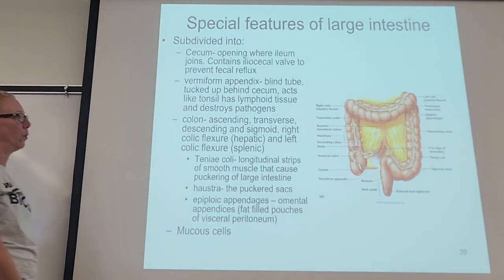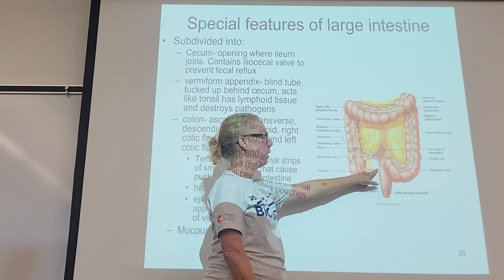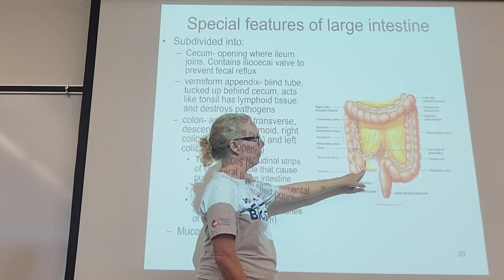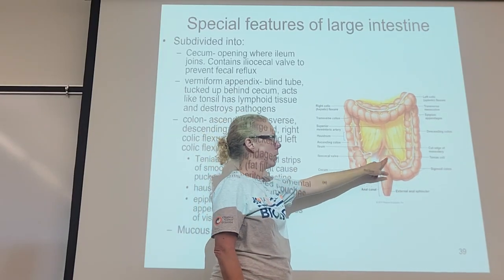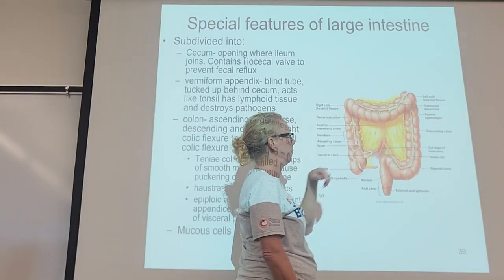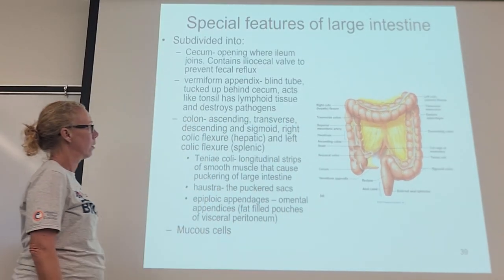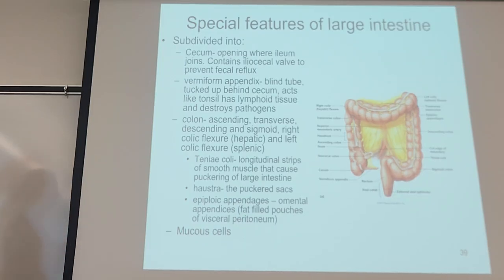Okay, the cecum we know is the beginning of the large intestine. That's where the appendix comes out. They're showing you some mesentery in this picture, which is kind of nice. You can see some sigmoid mesentery and a little transverse mesentery. The appendix, again, is just modified immune tissue.